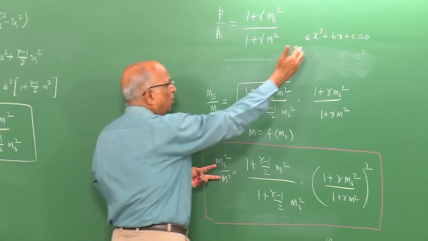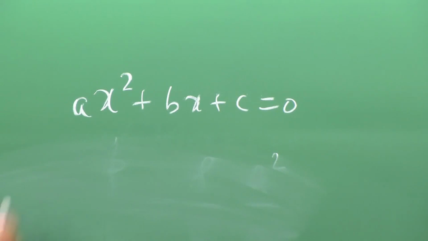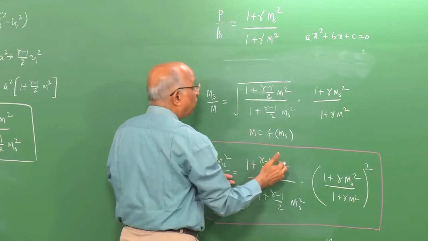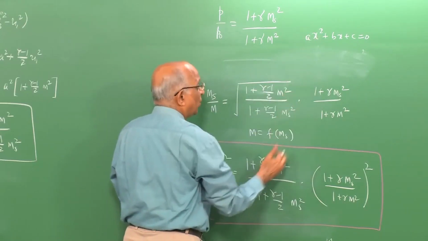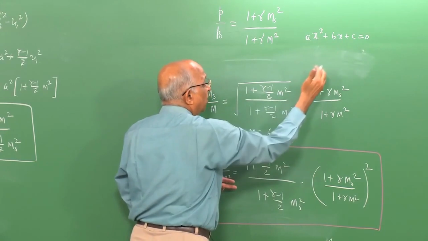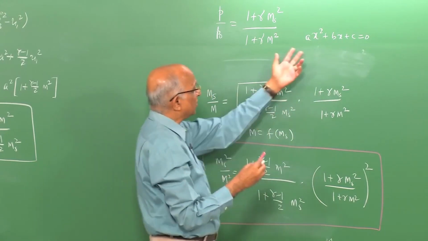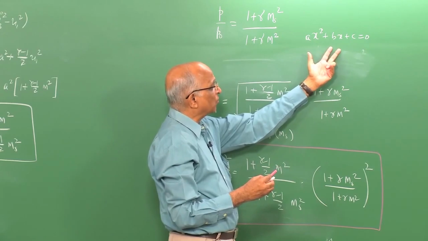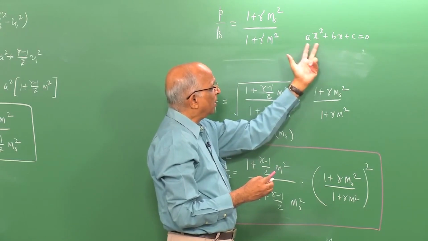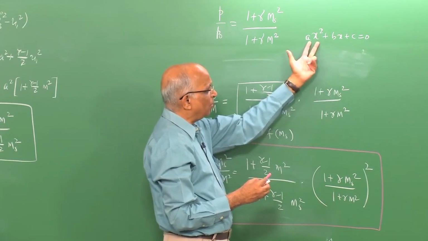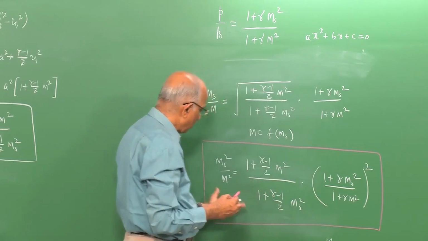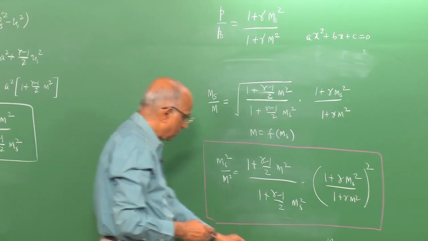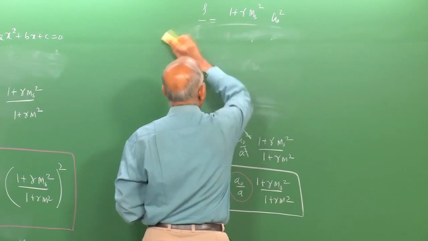You just put M squared is equal to x, therefore M to the fourth becomes x squared, M squared becomes x, and it gives this form. You say, well, I have to solve this: x is equal to minus the middle number plus or minus the square root of the middle number squared minus 4 into the first into the last number, divided by 2 into the first number. That is the value of x, and when I solve for the value of Ms, I get the result as the following. Let me put this value down.